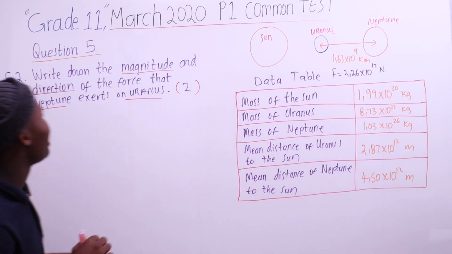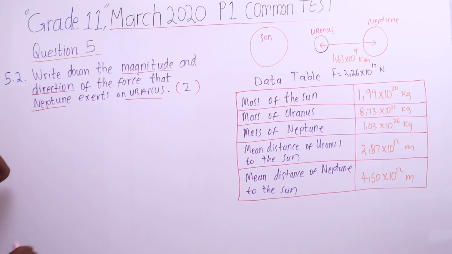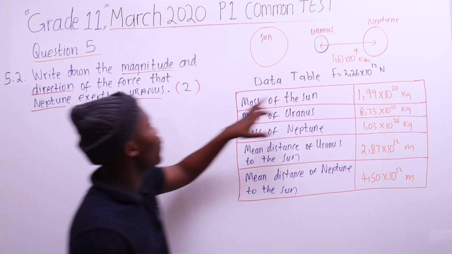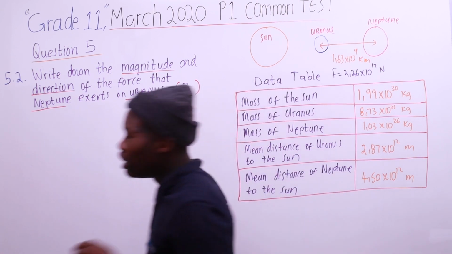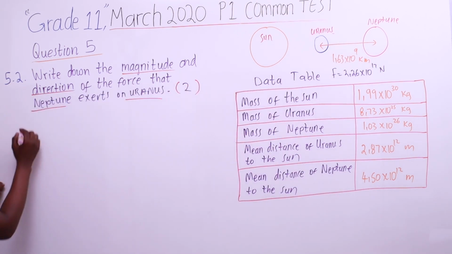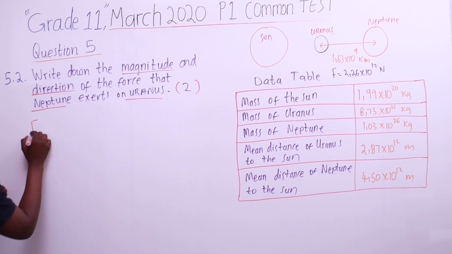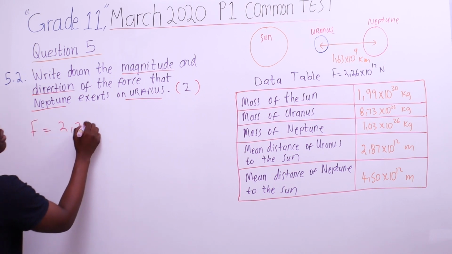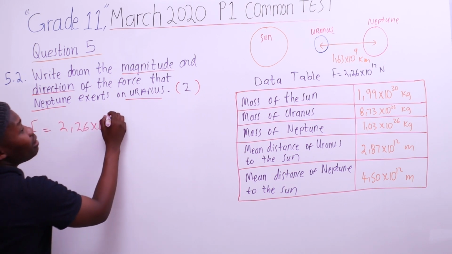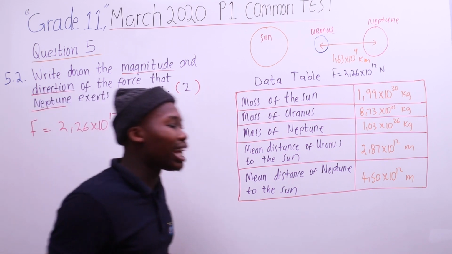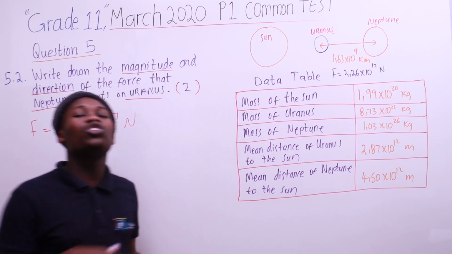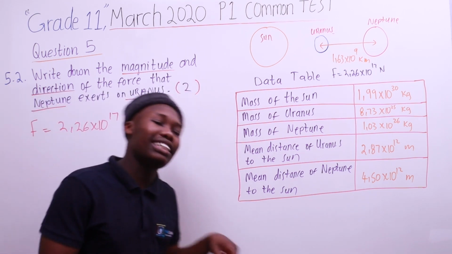So the force that Neptune exerts on Uranus: first of all, the magnitude will be 2,26 times 10 to the power 17 newtons. That is our magnitude. We know it is going to be equal according to Newton's third law.